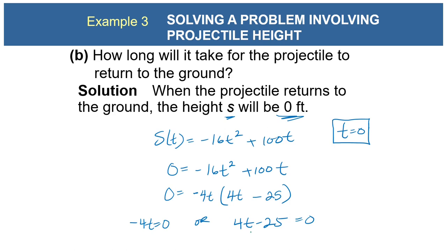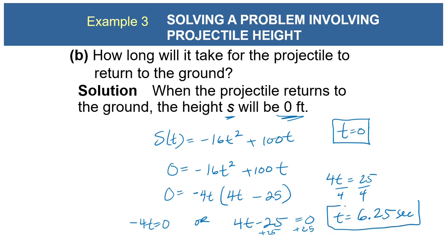And then solving this equation, we'll add 25 to both sides. 4t equals 25. Divide both sides by 4. T equals 6.25. So we know it takes 6.25 seconds for this object to reach the ground.